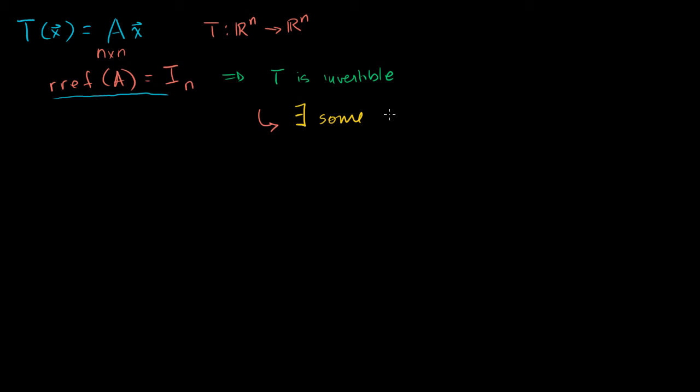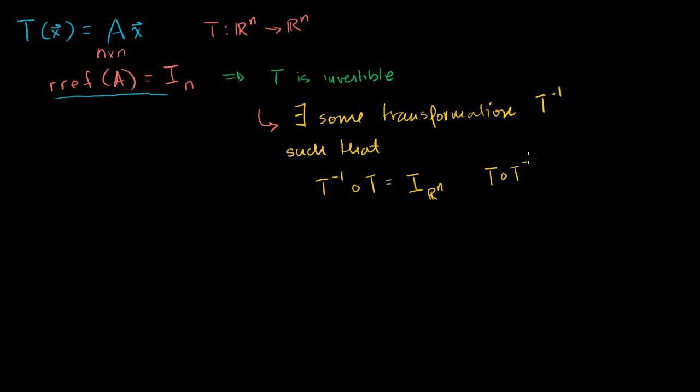So let's say there exists some transformation, let's call it T inverse, or T to the minus 1, such that the composition of T inverse with T is equal to the identity transformation on your domain, and the composition of T with T inverse is equal to the identity transformation on your codomain, just like that.